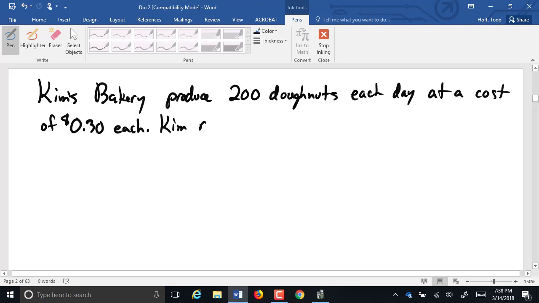Kim requires, now we're going to make these easy for you. Usually businesses, if I say they require, they're going to give a markup based on selling price. We're just going to assume we've already converted that to a markup based on cost. So let's say Kim requires a 35% markup on cost.